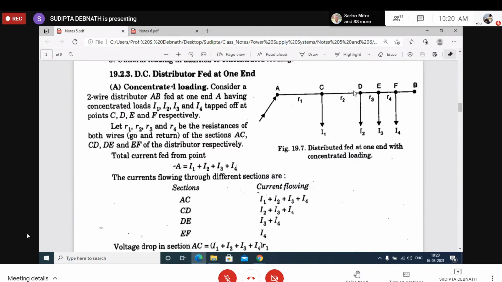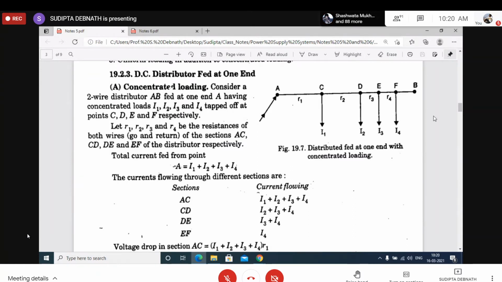Current at D will be IA minus I1 minus I2. Like that it will go. Otherwise, you can consider current in AC as I1 plus I2 plus I3 plus I4. Current in CD as I2 plus I3 plus I4. Current in DE as I3 plus I4. Current in EF is only I4.